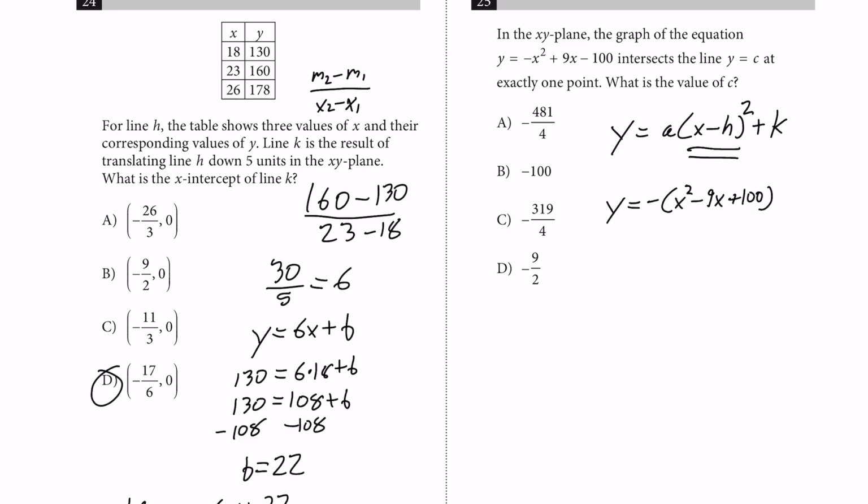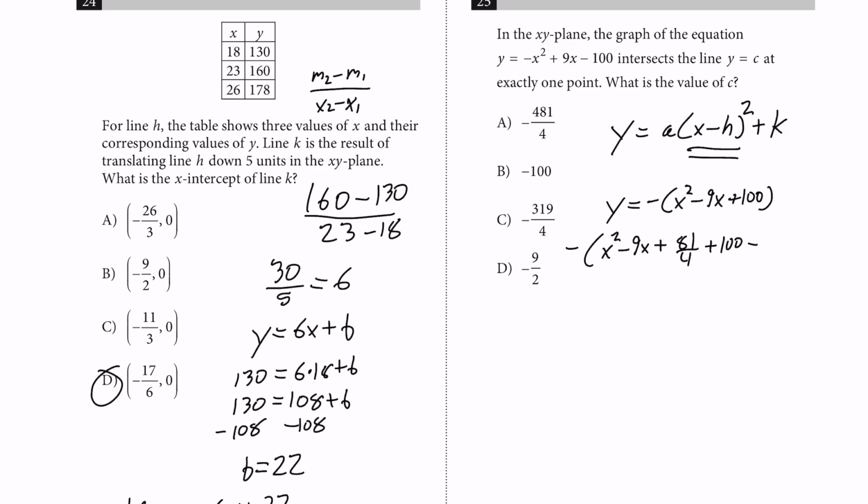When we complete the square with x squared minus 9x, we take the negative 9, divide by 2, and then square that. So that's negative 9 over 2 squared, which is the same as 9 over 2 squared because you're squaring, so it's positive, which gives us 81 over 4. And then we have plus 100.